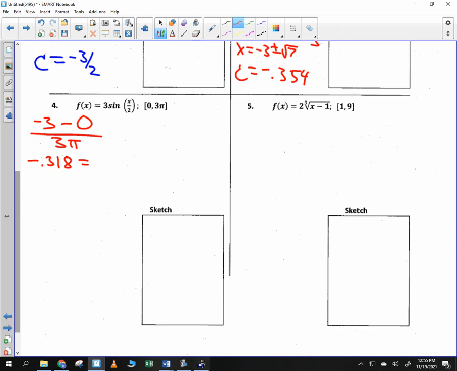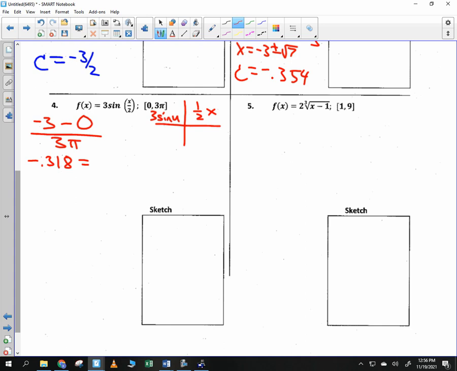What do I do now? Take the derivative. How do you take the derivative of that? Chain rule. I'm going to have a 3 sine of u on the outside. What should I put on the inside? Yep, 1/2 x.